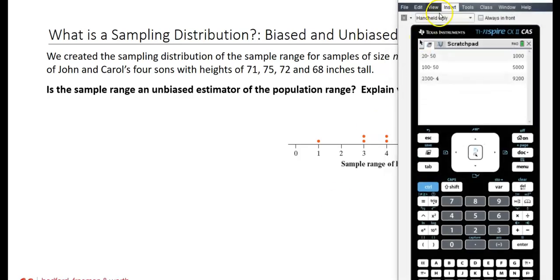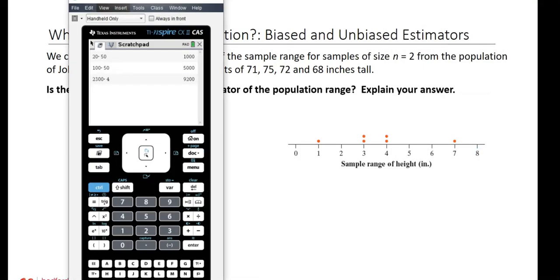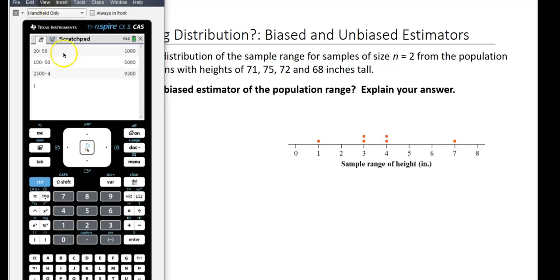If you want to see the expected value, the mean of those range values, you do 1 plus 3, there's 2 3s, there's 2 4s, and 1 7. We divide by 6 and we get 3.666. So is that equal to the range of the population?